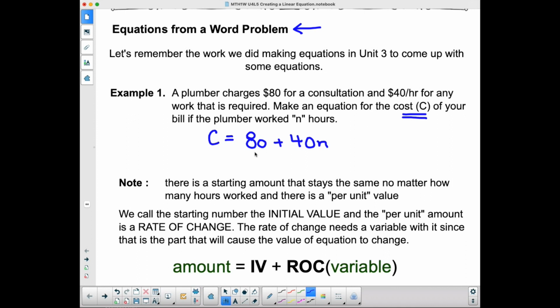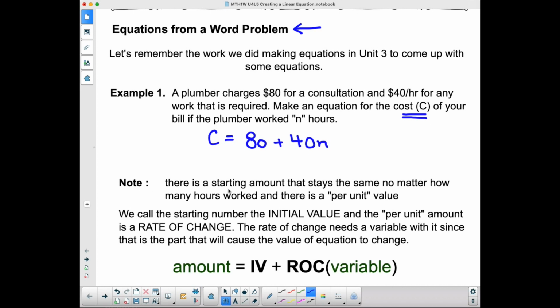So the cost starts at $80 and then we add $40 for each hour. So if n is 0 hours, then 40 times 0 is 0 and it just cost us $80 for the consultation. If n is 1 hour, we just add 40 once. If n is 2 hours, we add 2 40s, and so on and so forth.